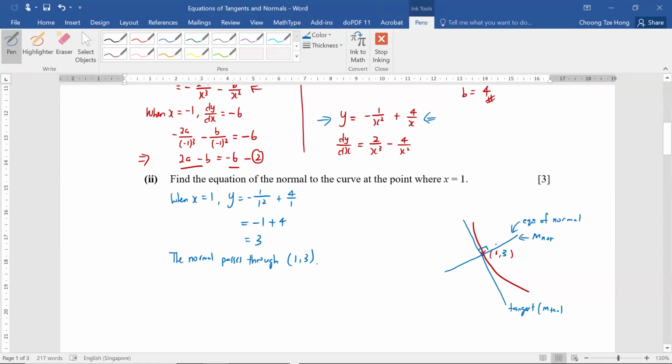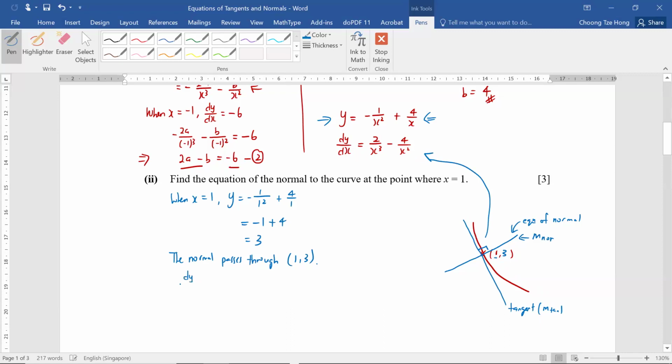So how do we find the gradient of the tangent? All we need to do is sub x equals 1, because the tangent passes through this point where x equals 1. Sub x equals 1 into the dy dx, and that will give us the gradient of the tangent at x equals 1, right? So dy dx is over here.